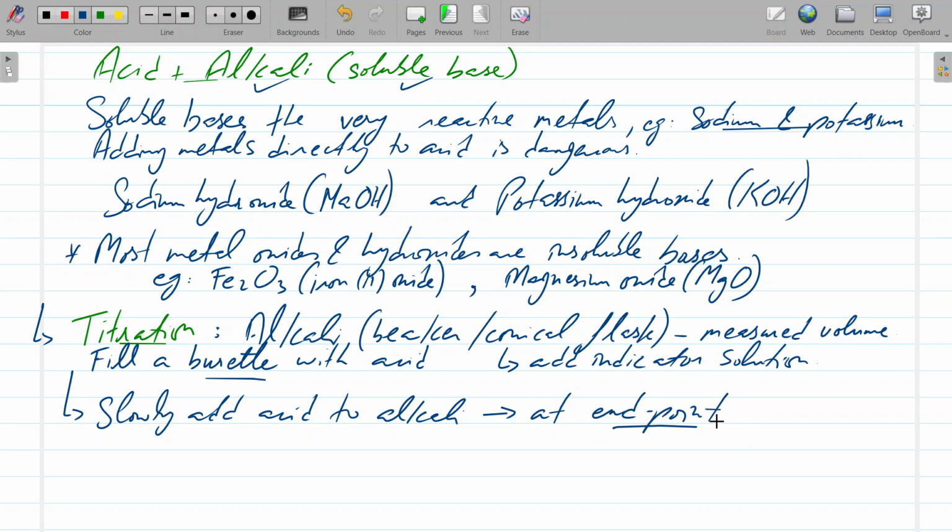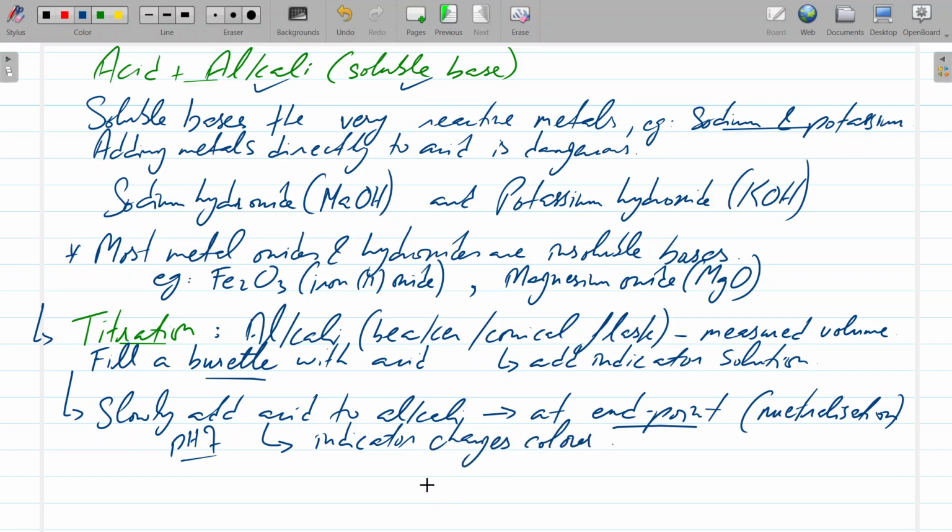It means that all the alkali and acid have reacted, so neutralization has occurred. And if neutralization has occurred, you're probably going to have a pH of 7 or so, so the indicator would change color. You note the volume of acid you used.